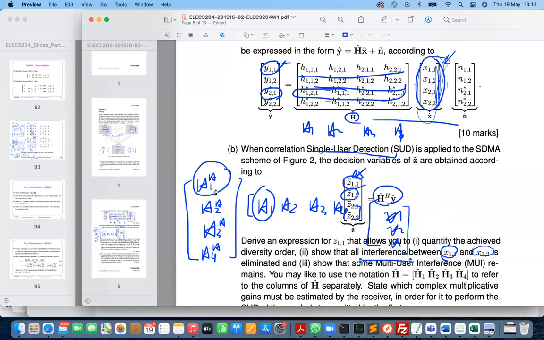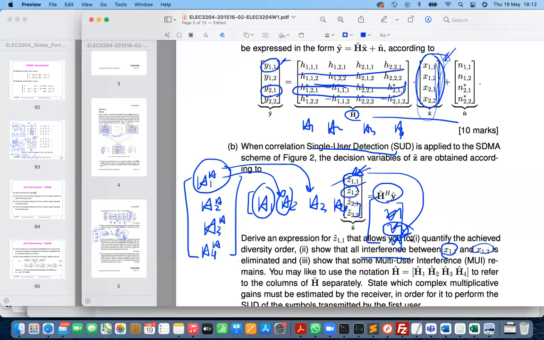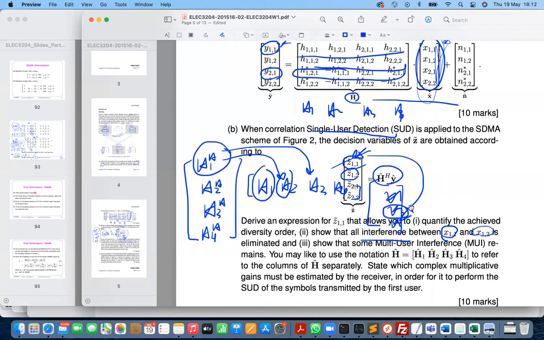So Z11 is this one multiply this one with x1, and then H1 Hermitian multiply H2, and then multiply x2, and then H1 multiply H3 multiply x3. Okay, so we need to show that there is no interference.